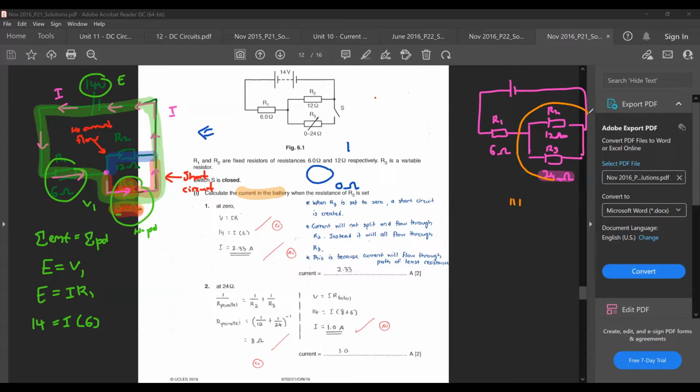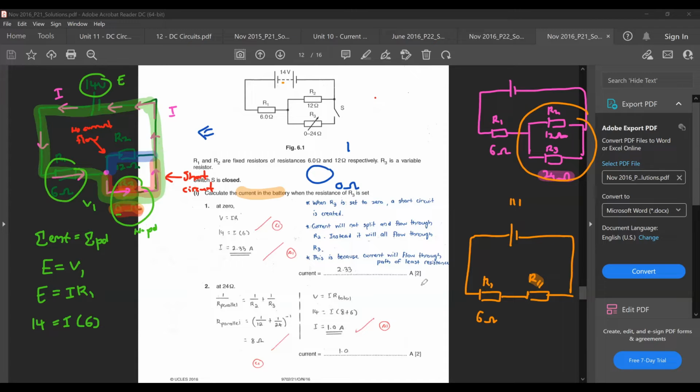Basically, you simplify this one such that you get this. This one is still R1, 6 ohm. This one is your resistance in parallel, giving you this. You simplify the parallel connection to a parallel resistance.